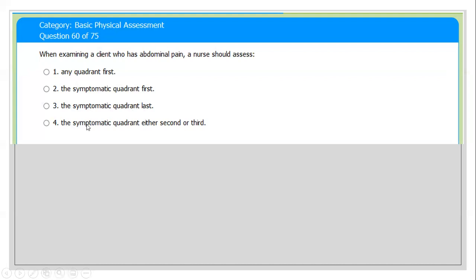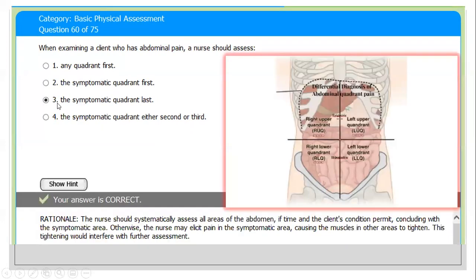Number 4, symptomatic quadrant either second or third. The correct answer is the symptomatic quadrant last.